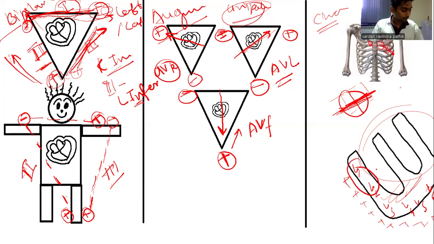And these leads are going to take electrical activity from different parts. Like V1 and V2, they will take from the septum. And V3 and V4 from the anterior wall, and V5 and V6 will take electrical activity from the lateral wall, right?